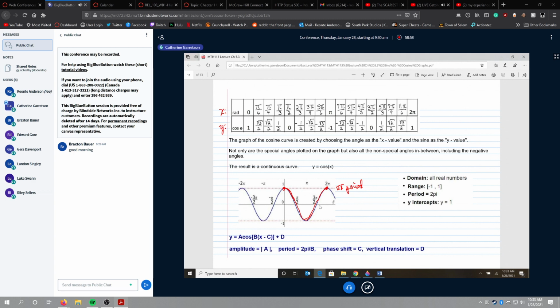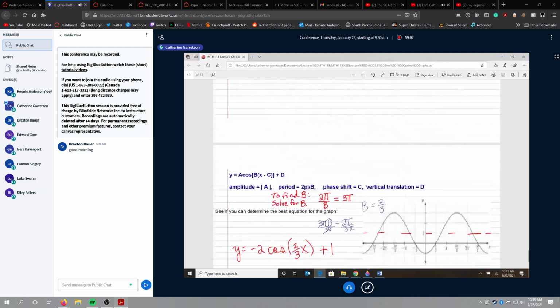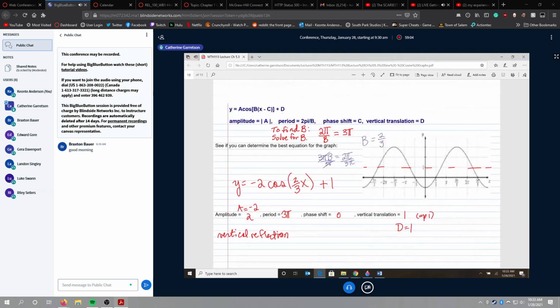But the rules for finding the magnitude and the period, if you can do it for the sine, you can do it for the cosine. It's just knowing about the graph: it's shifted over. It actually has a phase shift distance of pi over 2.